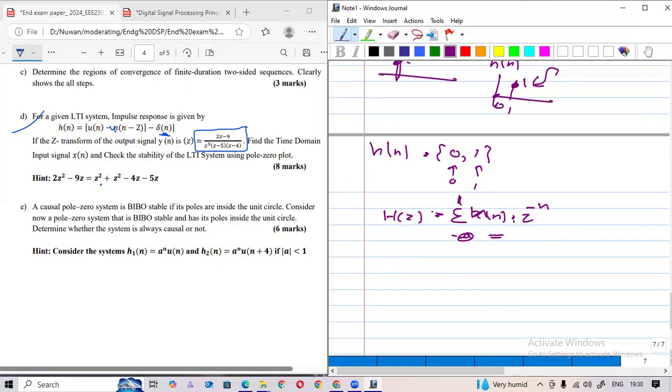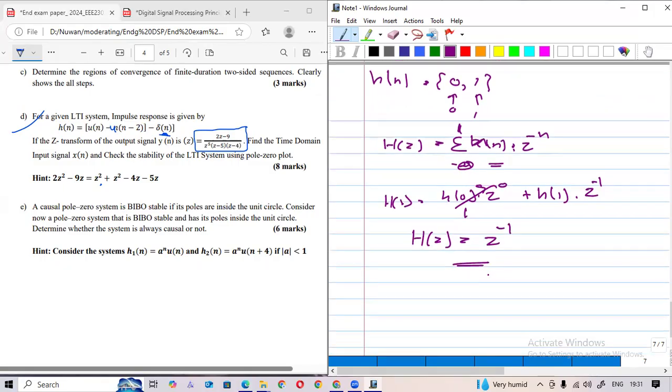Once you expand this, it will be h[0] z^0 plus h[1] z^-1. This term will be 0 because h[0] is 0, and H(z) will be z^-1. This is H(z).